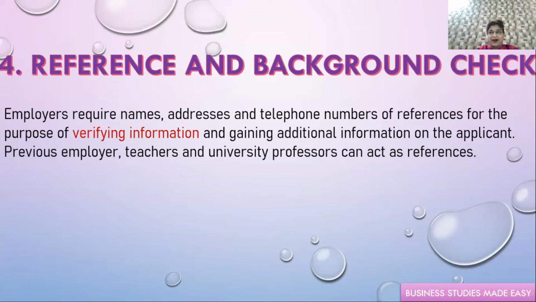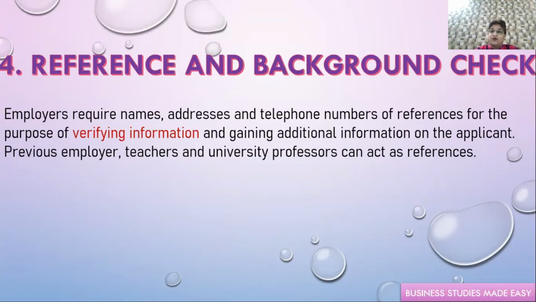Then comes reference and background check. Certain jobs require 20 years of experience. Suppose you're applying for the job of a CEO. They want you to have at least 15 to 20 years of experience as a CEO. Now, a person who has 20 years of experience in another job and has left that job to join your organization, what is the guarantee that he will not leave your job and go elsewhere? A 20-year-old job he can kick off and come here. So why did he leave that job? A reference check can be done for that.